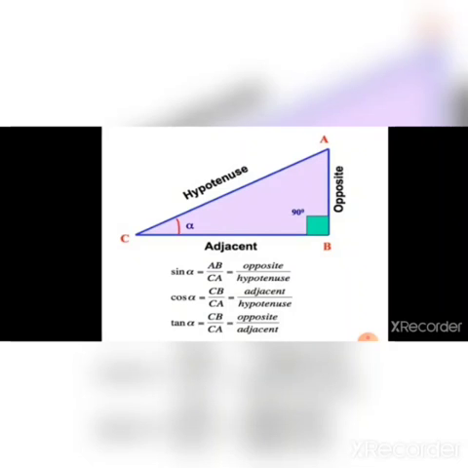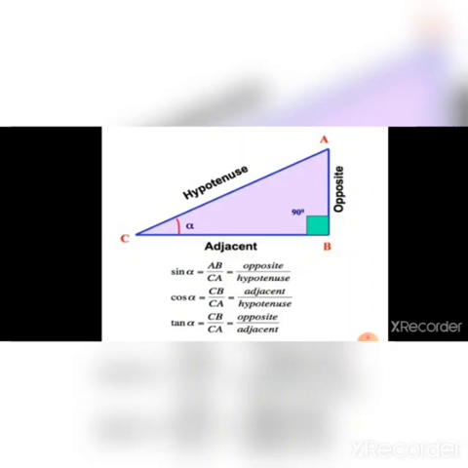So in this particular example, it will be AB upon CA. Cos ratio, as we know the definition, is adjacent upon hypotenuse. So in this example, it will be the ratio CB upon CA. Same way, tan alpha is opposite upon adjacent, means it is AB upon CB.